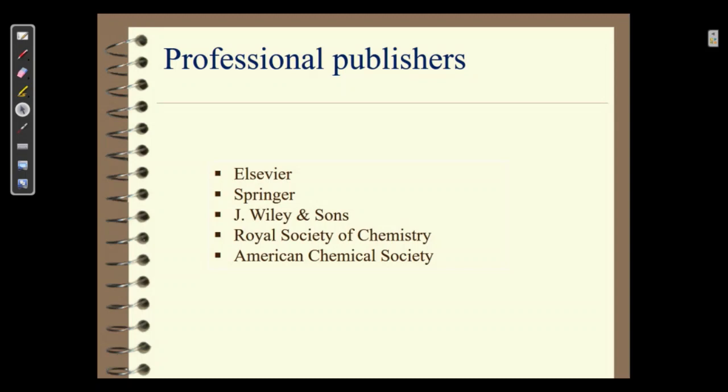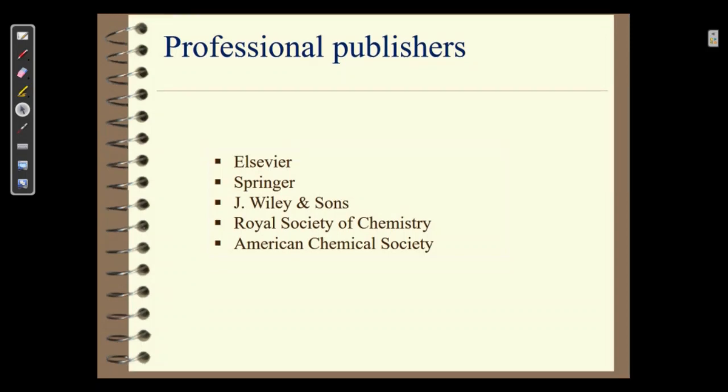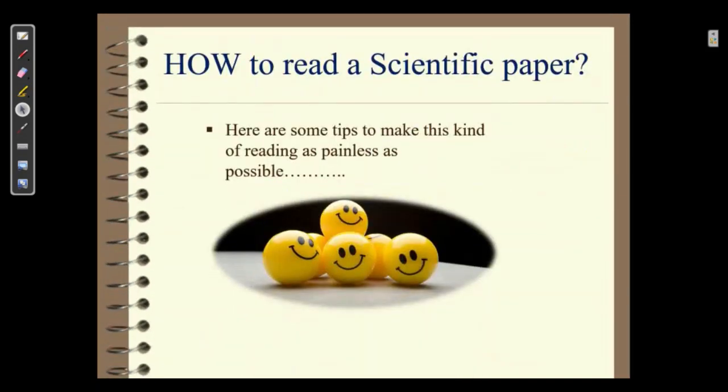Before reading a scientific paper, we should focus on which publisher has published this experimental data, such as Elsevier, Springer, and John Wiley and Sons. These are some of the publishers whose journals we should read papers from. So how to read a scientific paper? The next question can be like this.